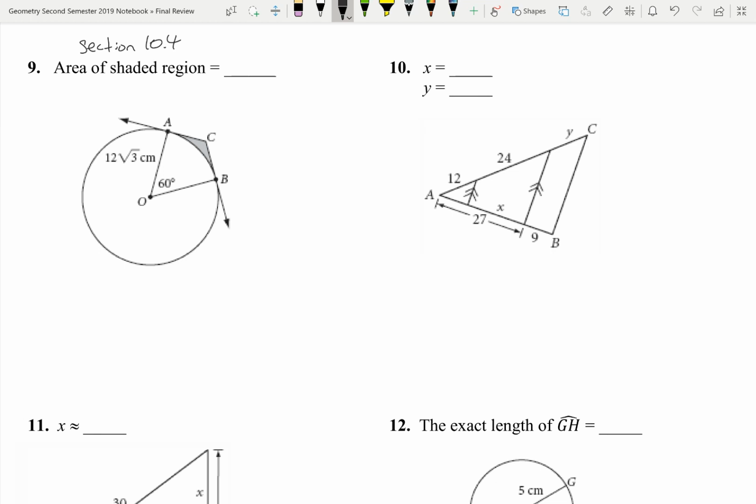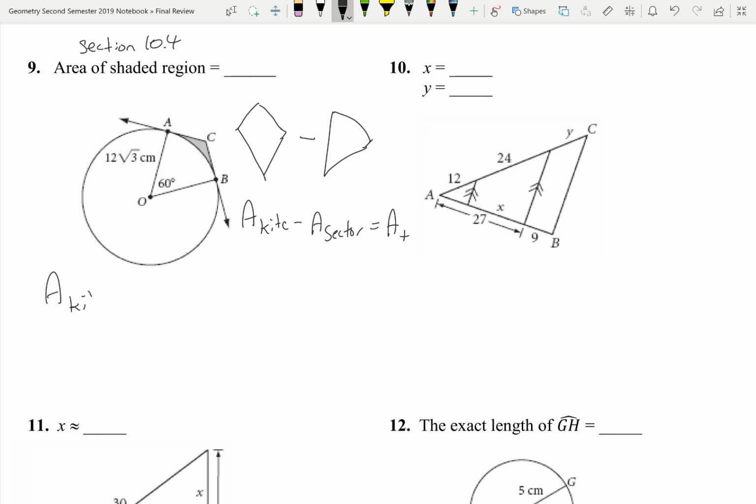All right, so again, we define the area of the kite and then subtract it from the sector area. So the area of the kite minus the area of the sector equals the total area.